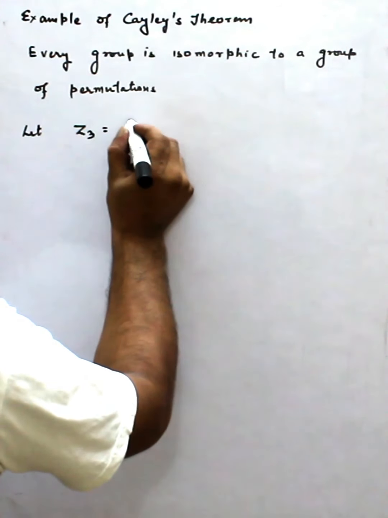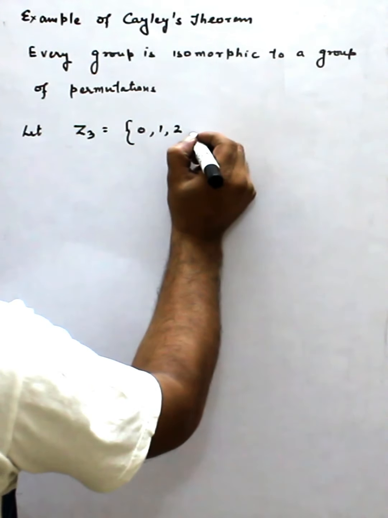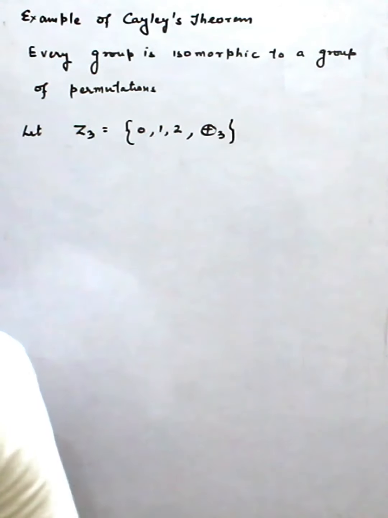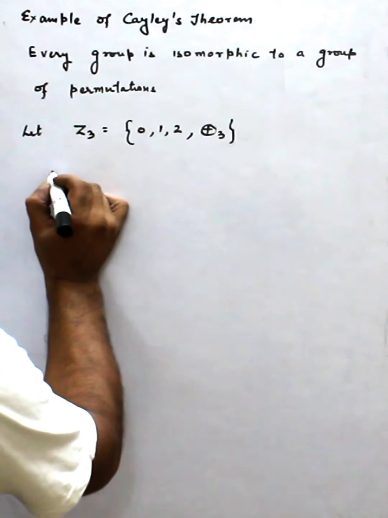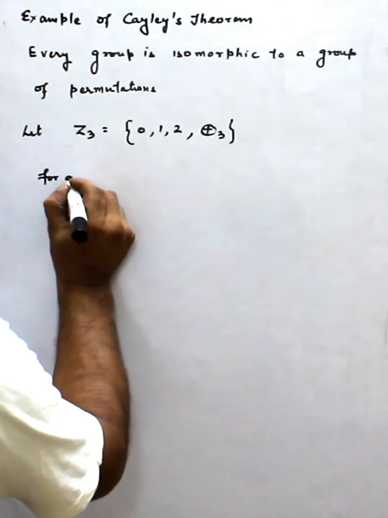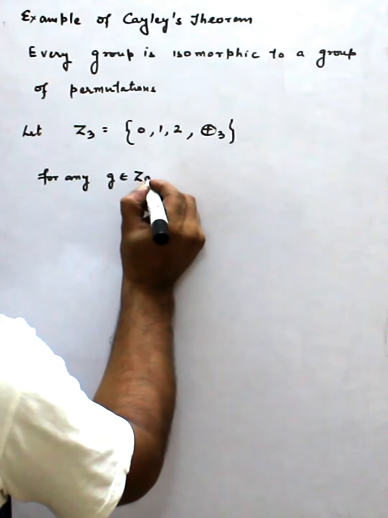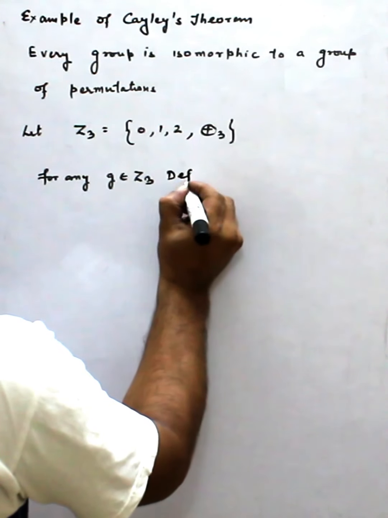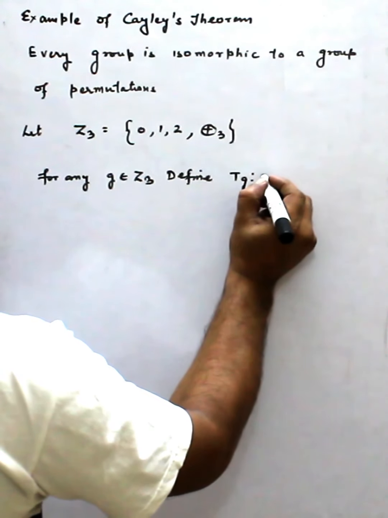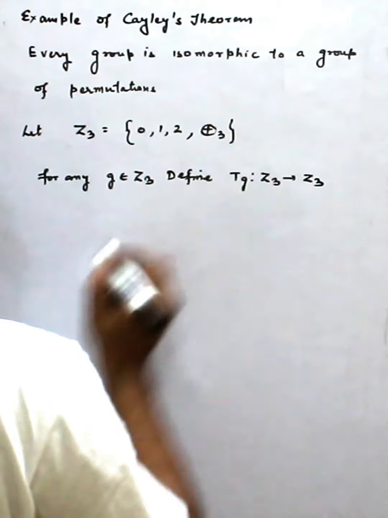So this means the elements are 0, 1, 2, and the operation we take is obviously addition. Now define, for any g belonging to Z3, define Tg from Z3 to Z3.